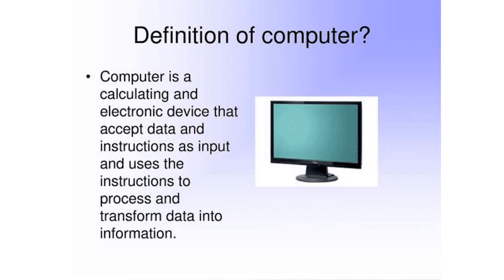Okay, so in this slide, computer is a calculating and electronic device. Your electronic device may be your mobile phone, maybe your laptop, maybe a desktop, maybe any kind of handheld palm laptops, etc. that accept the data and instructions as input and uses the instructions or data to process it and transform data into information.